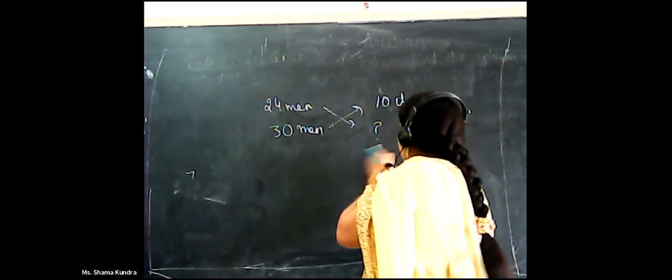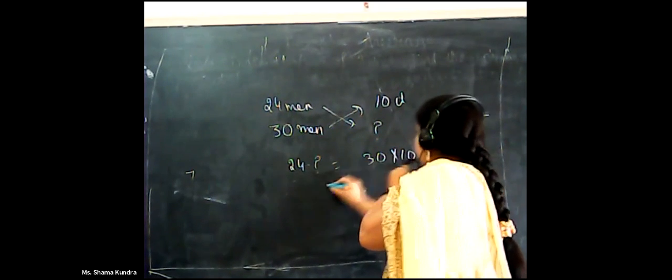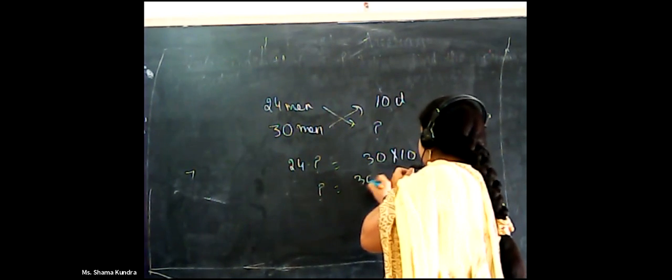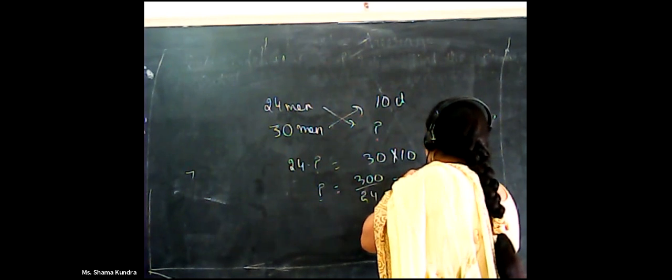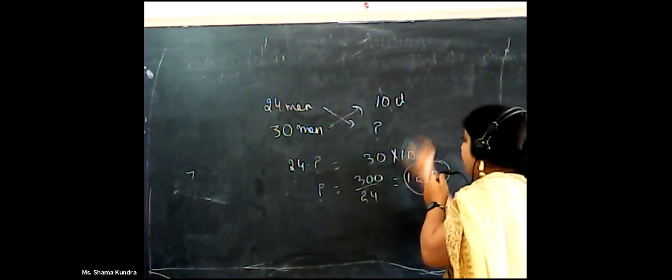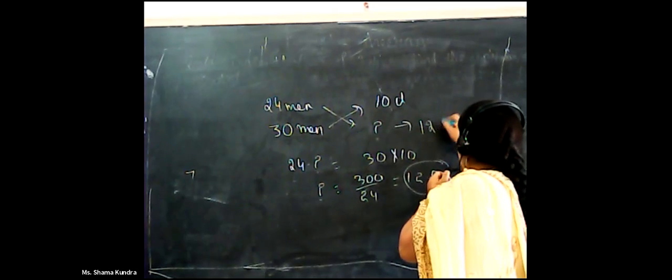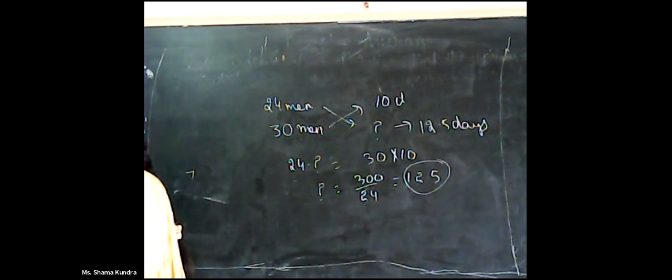They will simply cross multiply. What will they get? 24 into question mark equals 30 into 10. So the question mark will be 300 upon 24. So they will get 12.5 days. They do it like this, but this answer is wrong.